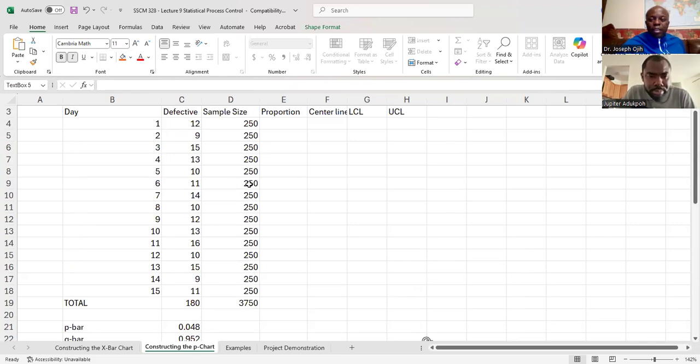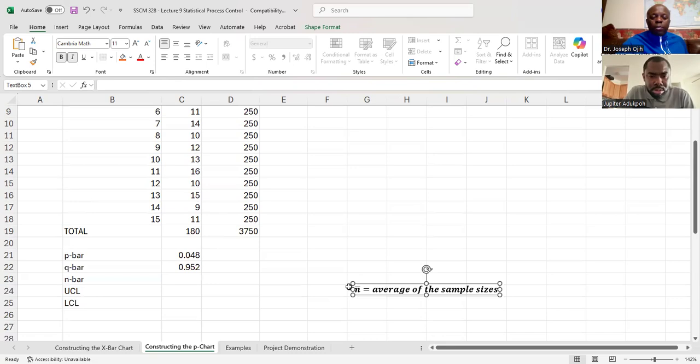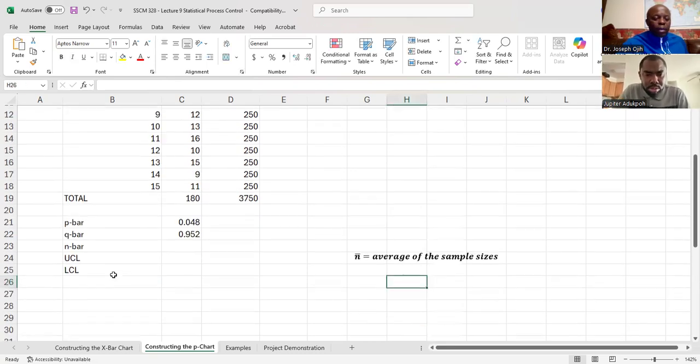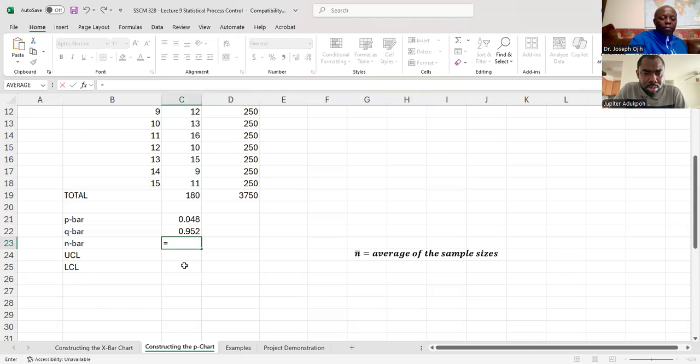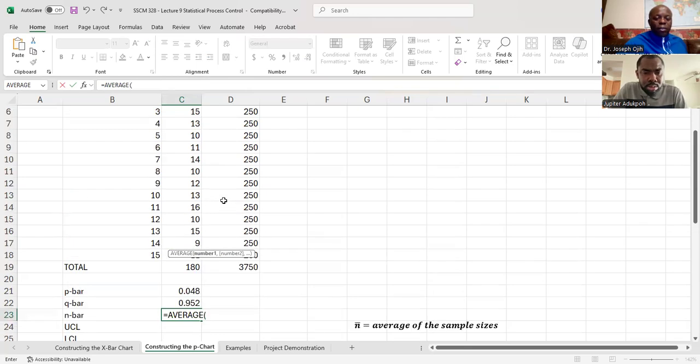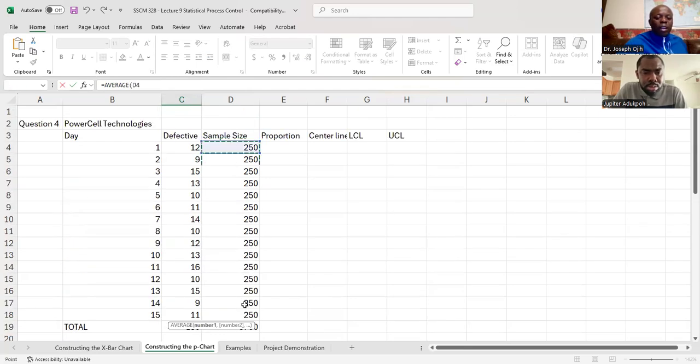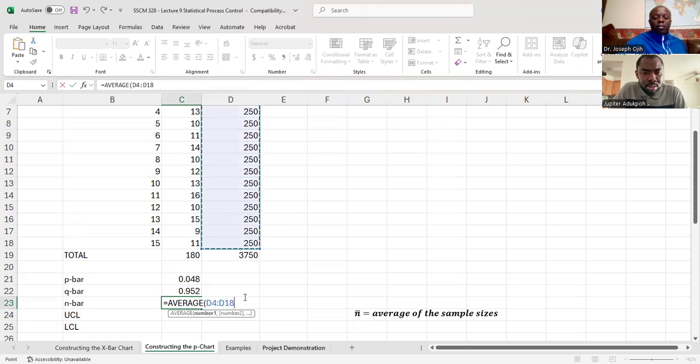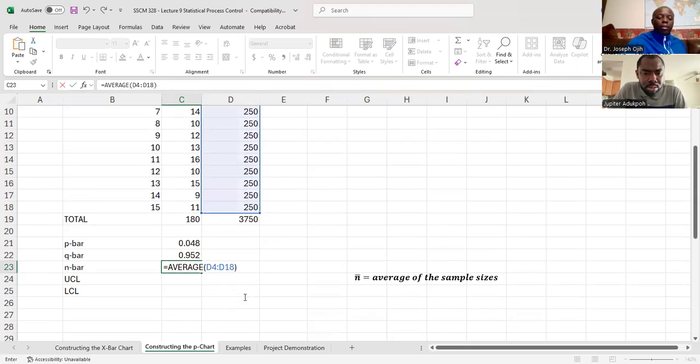Here we use the same sample size each day, but the company can decide to use a different sample size each day. They might select a sample size of 250 today and 100 the next day. It doesn't matter, just the sample size they choose. So the N bar is the average of that. Put equal sign, type average, double click on it, and then select all the sample sizes. Naturally, because they are all the same, the average will be the same: you get 250. Otherwise, if there are different sample sizes, it will be a different number.